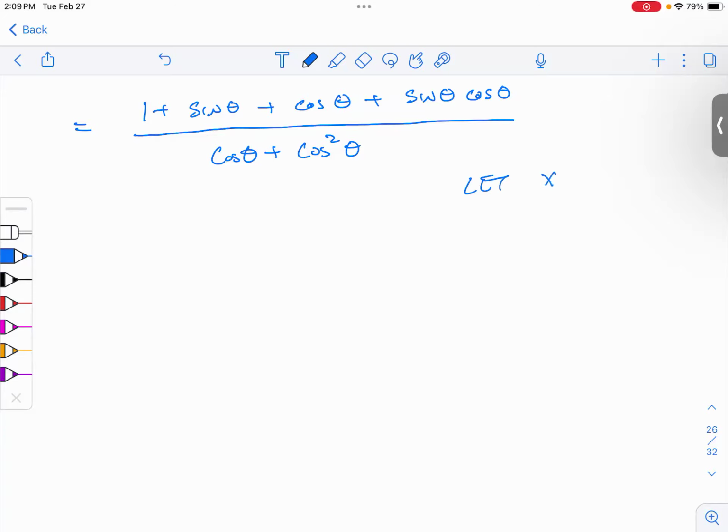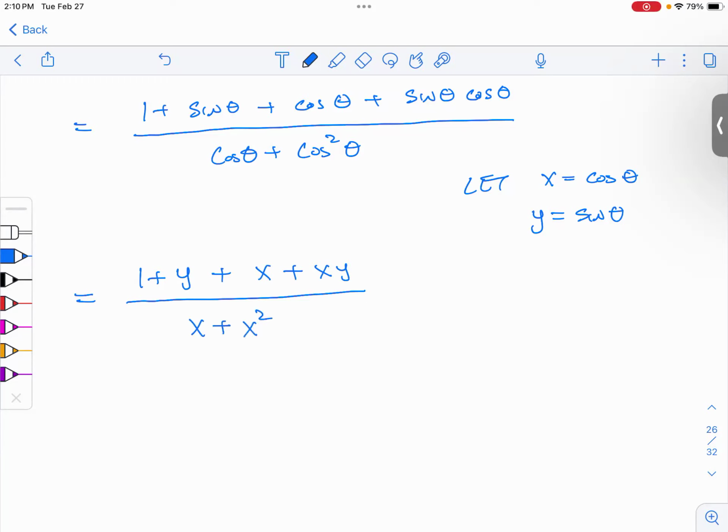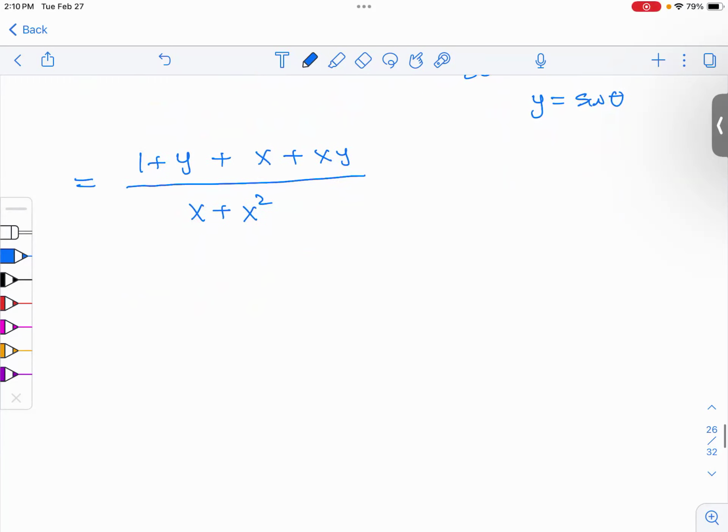Let's take a sidetrack again. So x is cosine, y is sine, right?